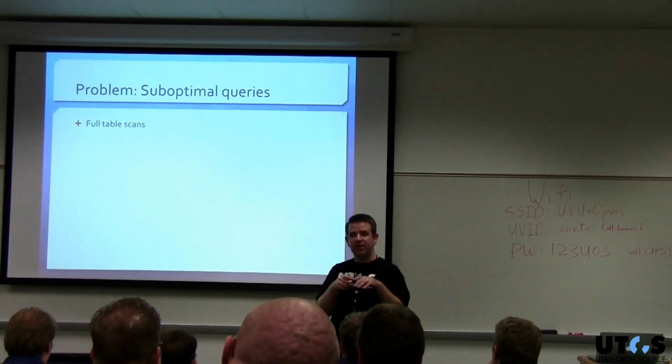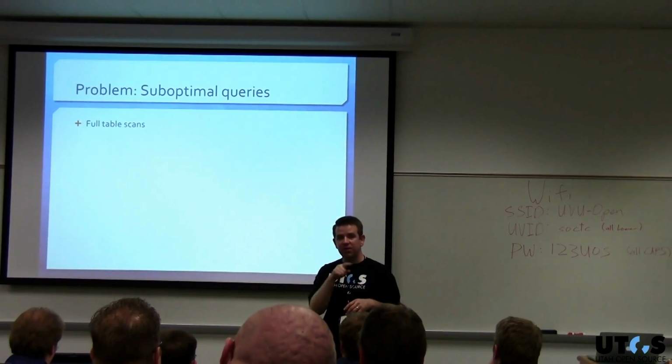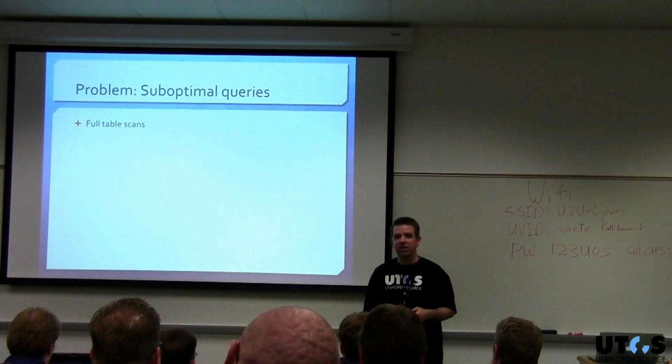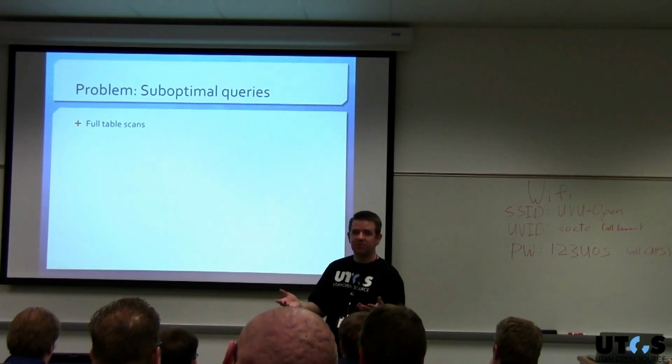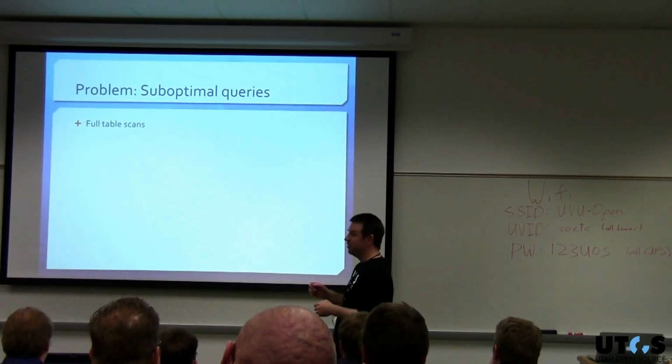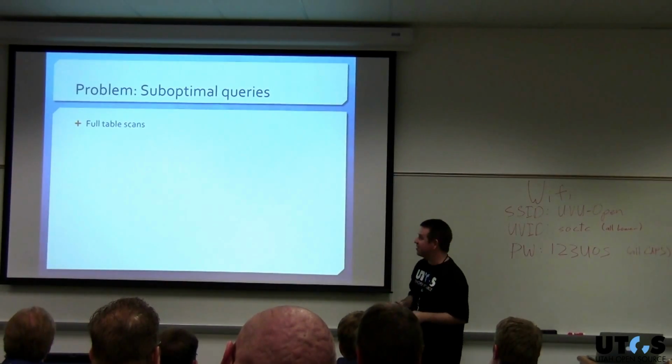If it's using the index, it's having to do lots of random access reads on the disk. It's faster to do sequential reads and just read the whole table. So binary or Boolean indexes are not very useful, unless they're part of a larger index.